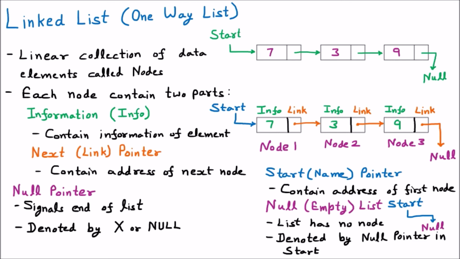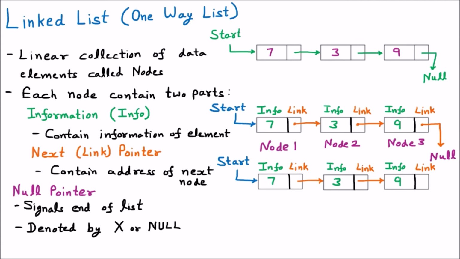There is one more way in which we can represent this linked list. You know that at the last we have pointed to null. So now this one is another representation of the linked list. Here you can see that the start node is there, link pointers are there, but the last link pointer is not present because here we have mentioned null.